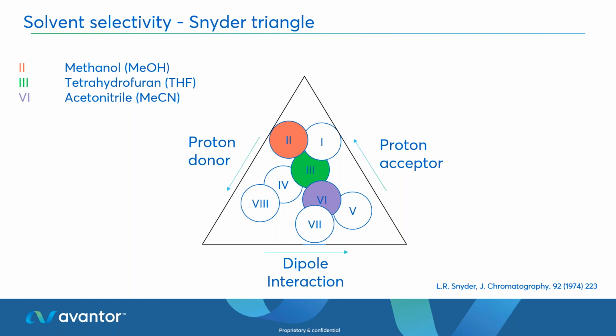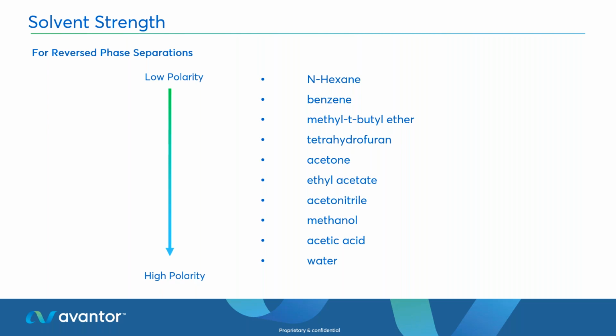So each of these solvents have different solvent strength based on their polarity. So the low polarity solvents at the top here have a strong solvent strength, and water at the bottom here, which is our highest polarity solvent, has a weak solvent strength within reverse phase HPLC.